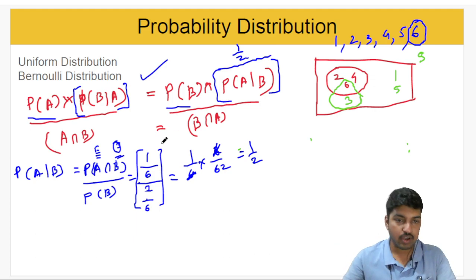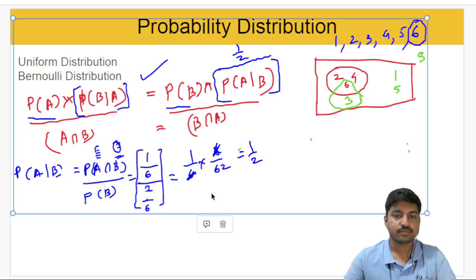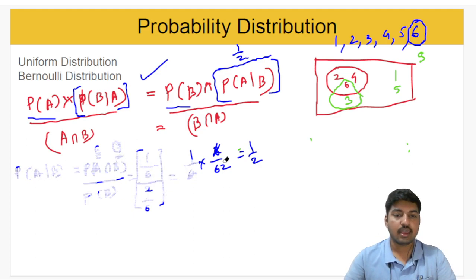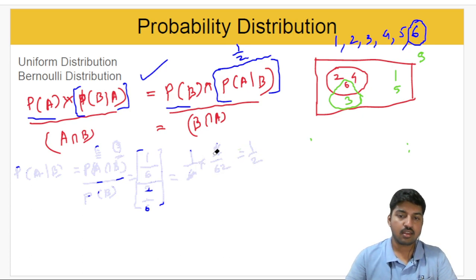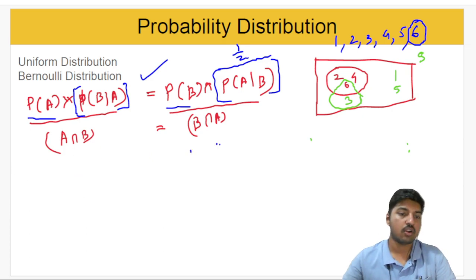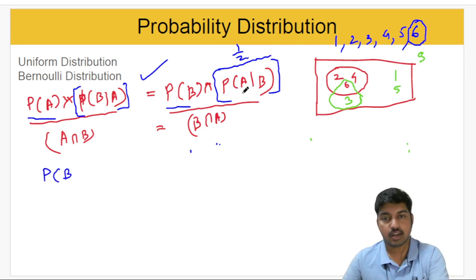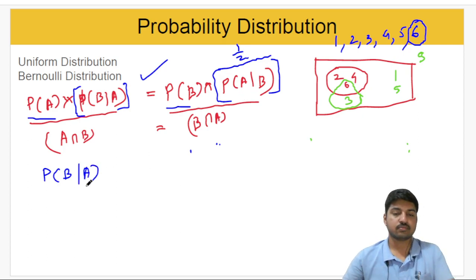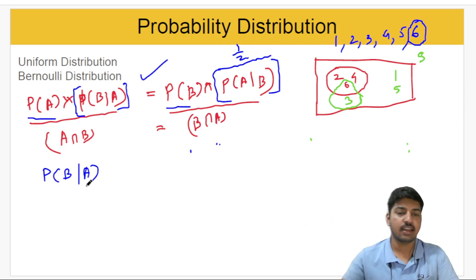This is what we have calculated. Now I will erase this so that we get some more space for my second calculation, which is B given A. Earlier it was A given B; now I am calculating B given A. What is probability of B given A?